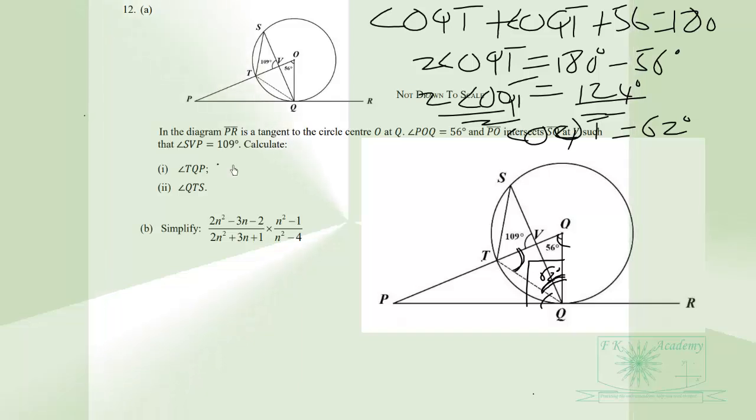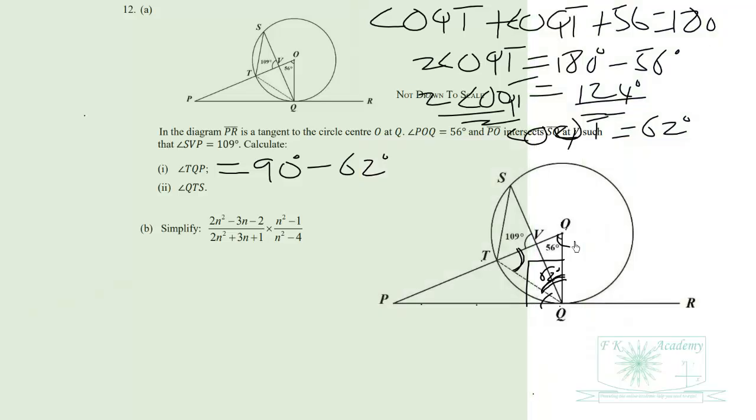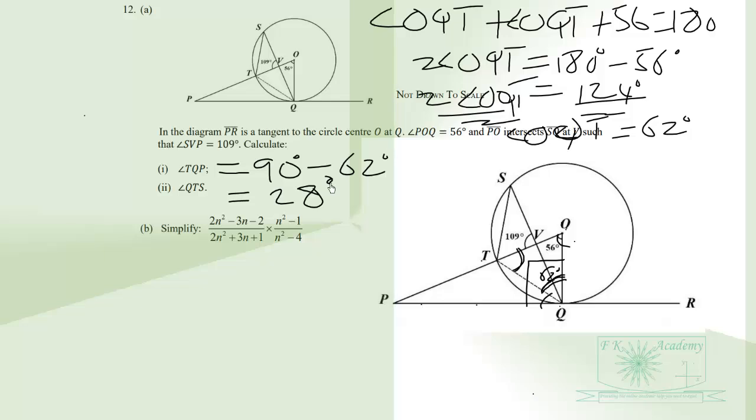And the QTP should be equal to 90 degrees minus 62 degrees, because the tangent PQR meets the radius OQ at 90 degrees, and 90 minus 62 should give us 28 degrees. So angle OTP, angle TQP is 28 degrees.